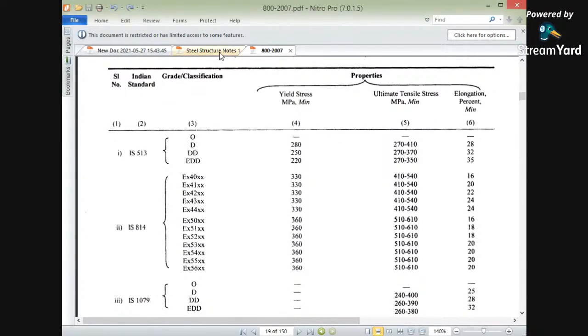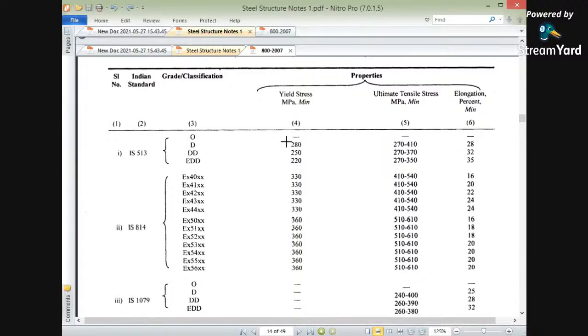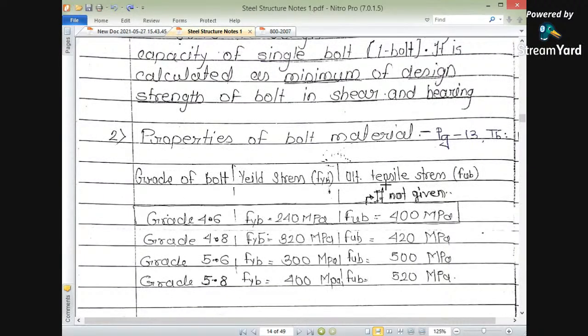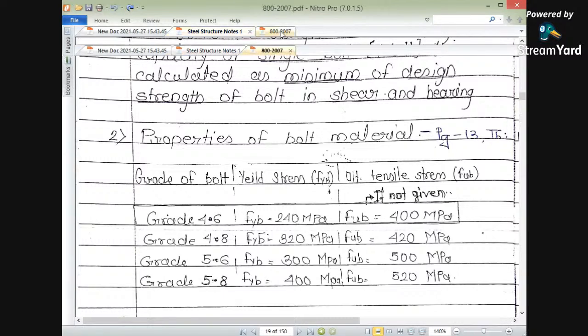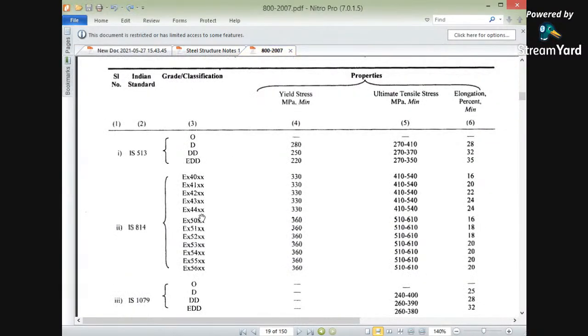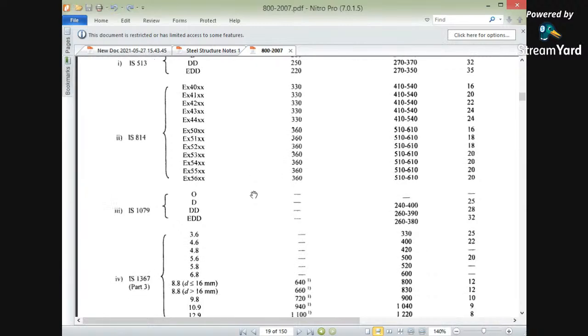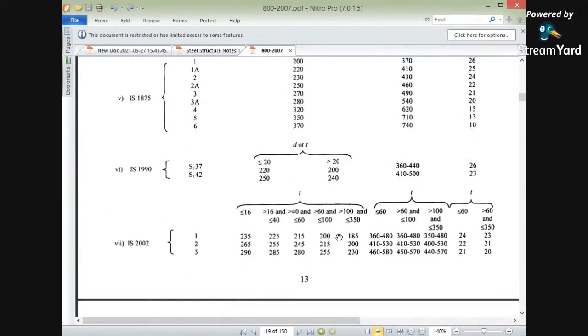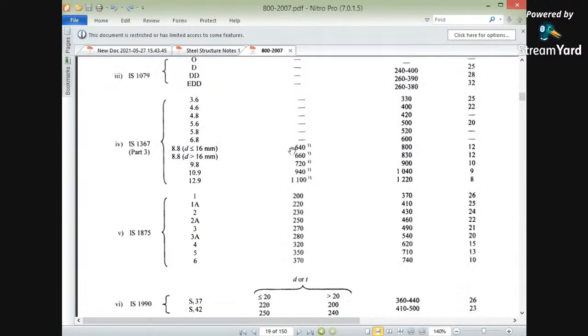I have already shown you the ultimate tensile strength in these notes. Here the ultimate tensile stress for grades 4.6, 4.8, 5.6, and 5.8 has been mentioned in the IS code, page number 13 of IS 800 2007.